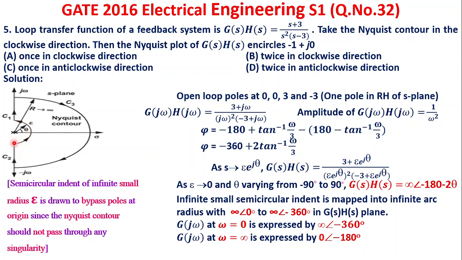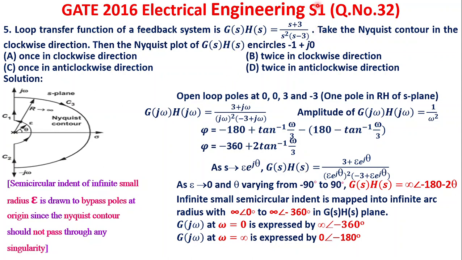This radius is epsilon. This angle is theta. Theta varies from here to here. Here theta is minus 90, and here theta is plus 90. Therefore, when the point is here, the angle is minus 90, and when the point is here, the angle is plus 90. So epsilon tends to 0, theta varying from minus 90 to plus 90, we can use it.